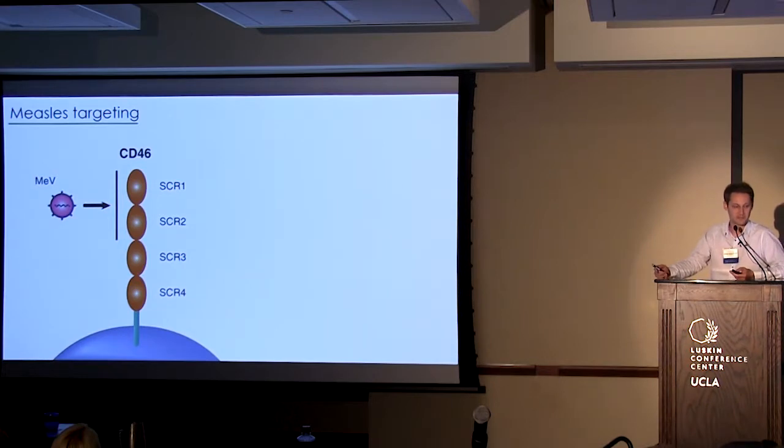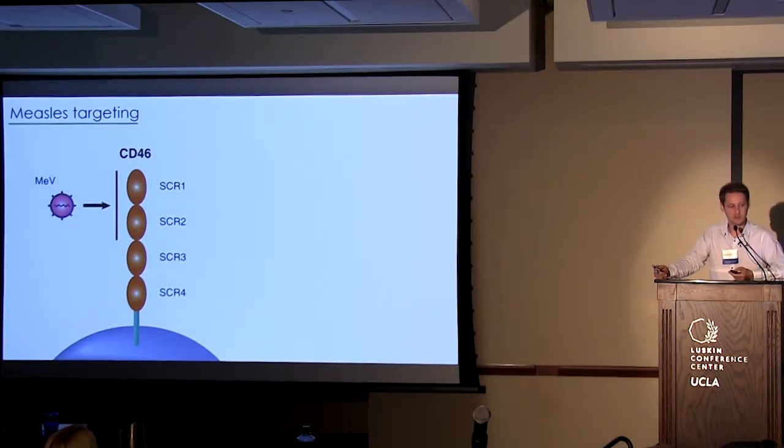So how does the virus specifically infect tumor cells? The wild-type measles virus has 2 receptors on cells. It's CD150, which is found on lymphocytes, and that's what makes the original wild-type virus specific for immune cells. And there is another receptor called Nectin-4.